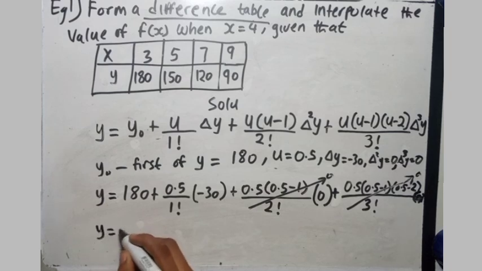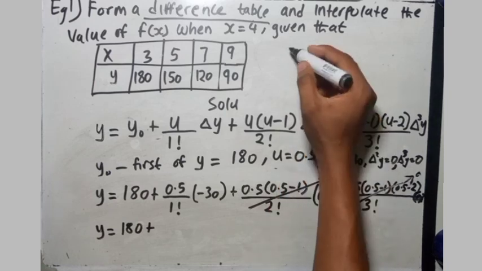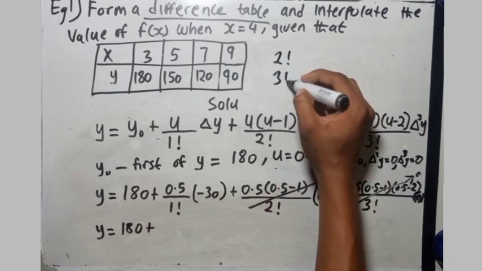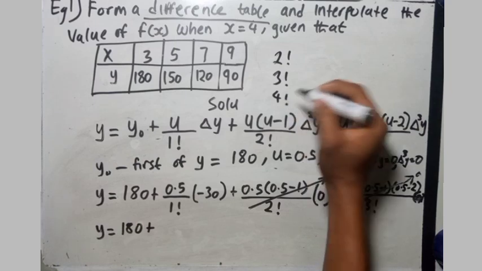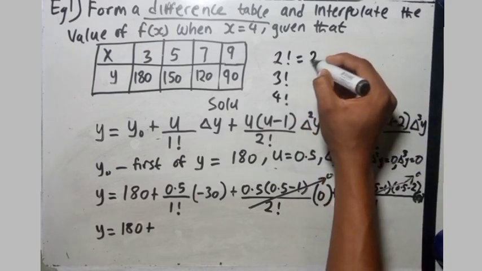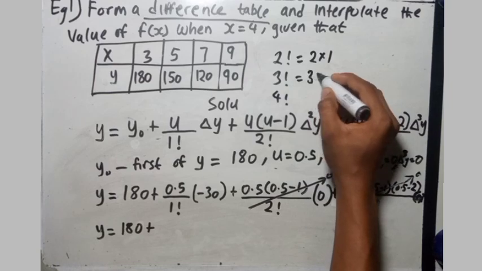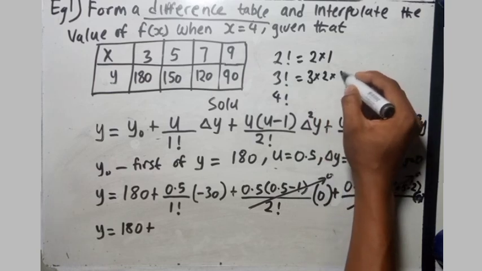So our y is equal to 180 plus. Now, 1 factorial is the same thing as 1. When we say factorial, if you're asked to get 2 factorial, 3 factorial, 4 factorial, it's quite easy. This is 2 times 1. This is 3 times 2 times 1.